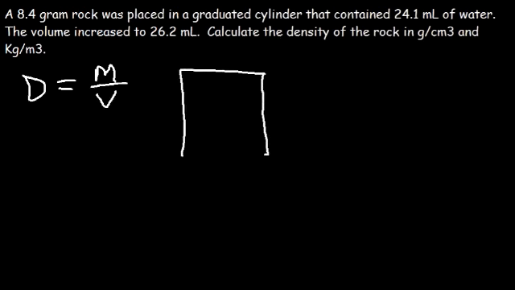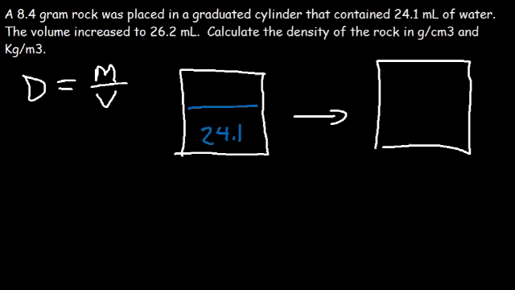So let's say we have a container that has 24.1 milliliters of water. And then we're going to add a rock. So then the volume is going to increase to 26.2. And so here's the rock. What is the volume of the rock?